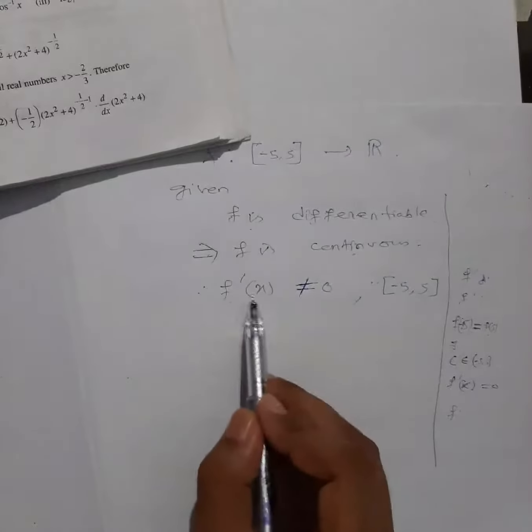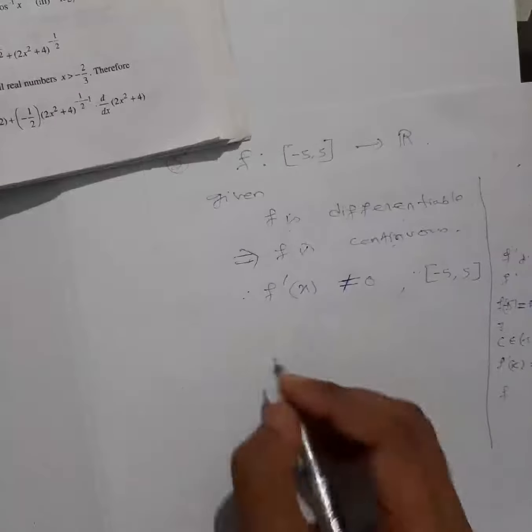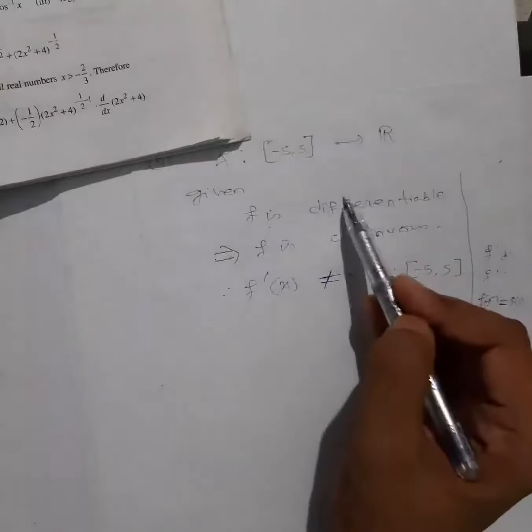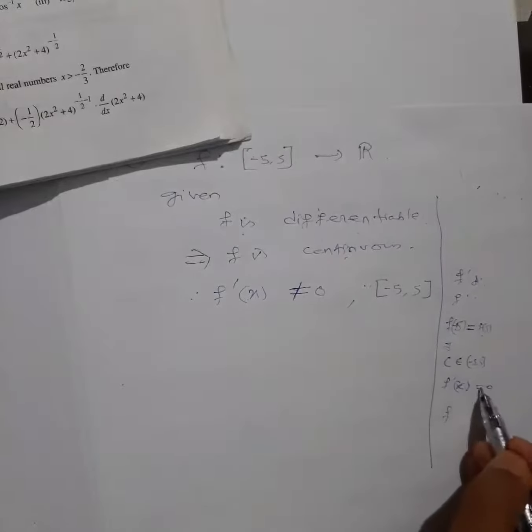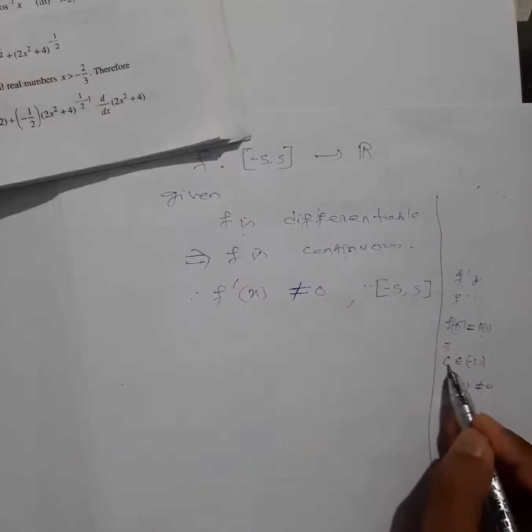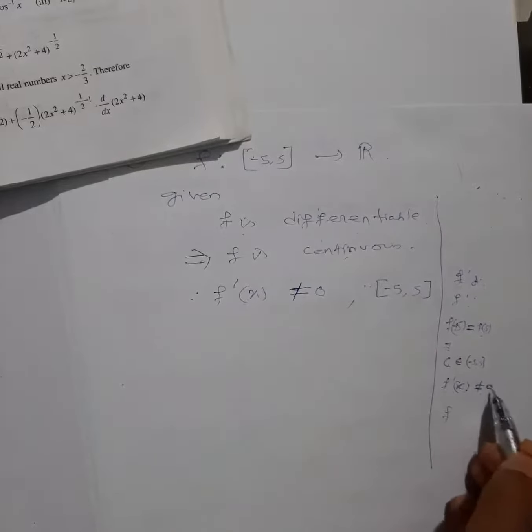Now if this is not equal to this, then obviously the first two conditions it is satisfying, f is differentiable and continuous. If this is not equal, it means there exists no point for which it is equal to 0.